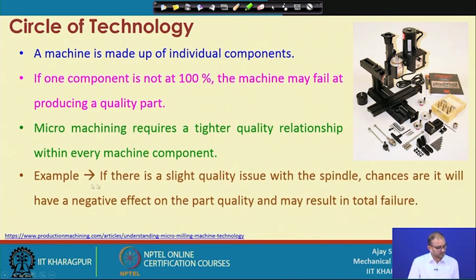Right. So, now this is the example that we have discussed here, that if there is a slight quality issue with the spindle, quality issue in the sense that it is either not rotating exactly as per the RPM, or it is not aligned exactly at the center. So, consider this the center of the z axis, and this the axis of your spindle.